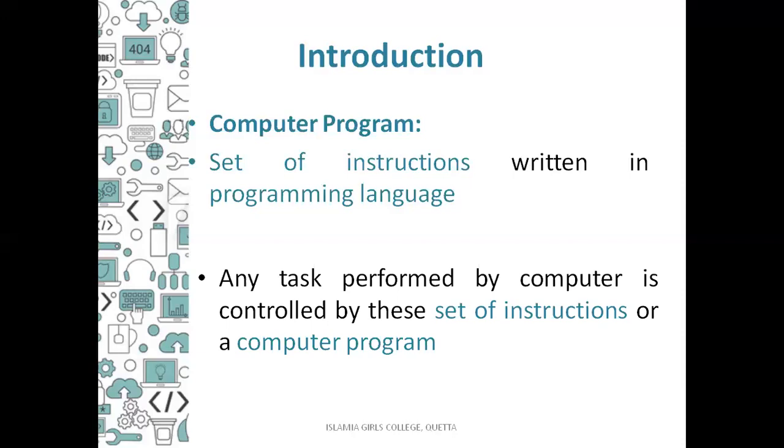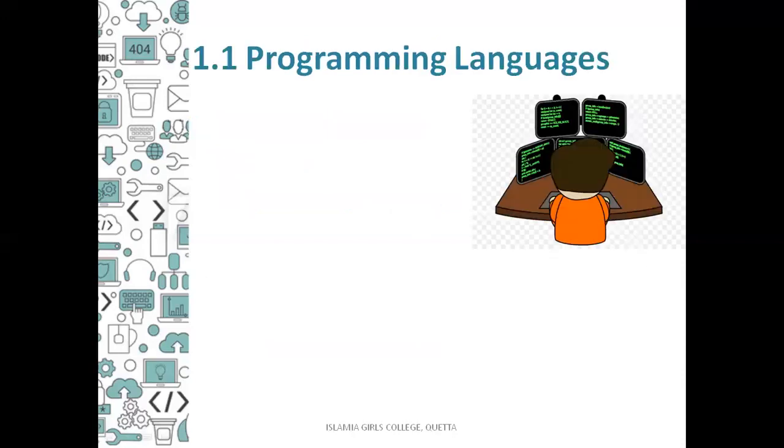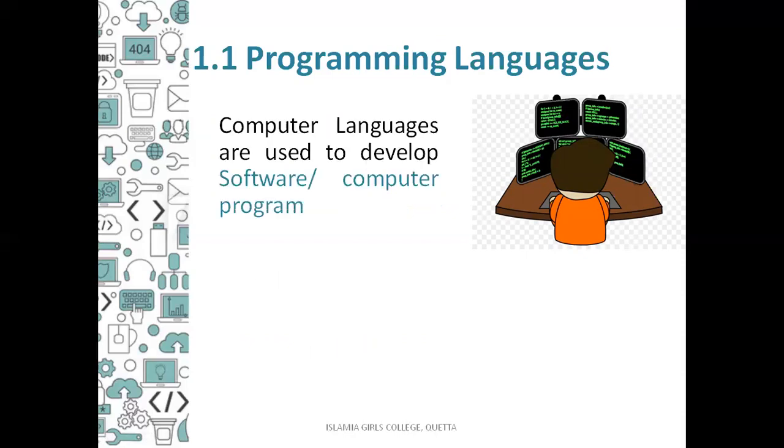So therefore it is known as the set of instructions. And another important thing which you note here is the programming language. By this I mean that when you are giving instructions to the computer, you cannot give it in any natural language.